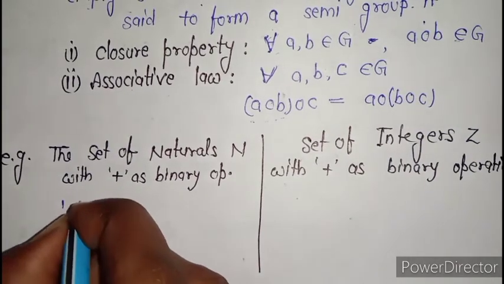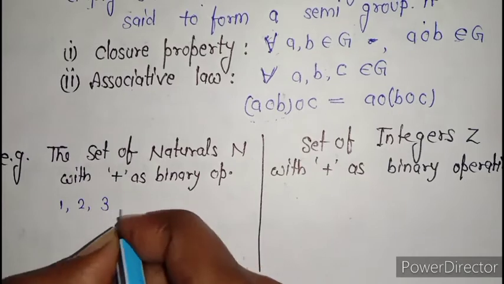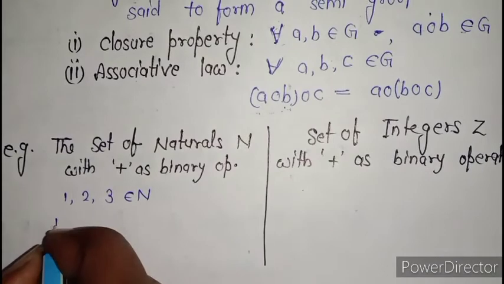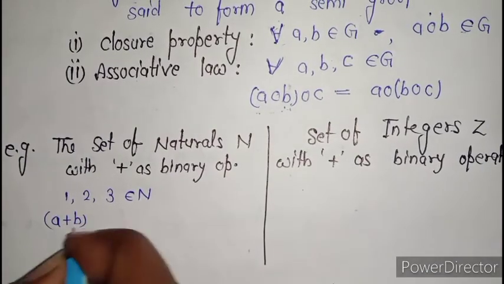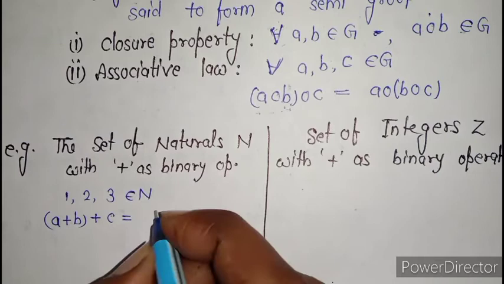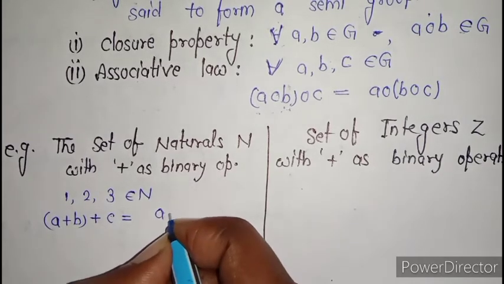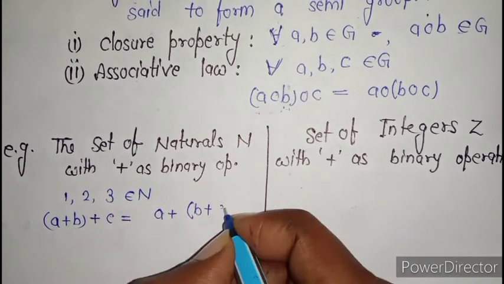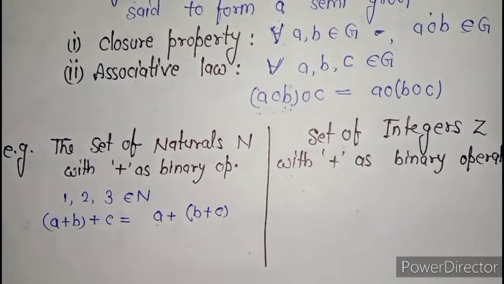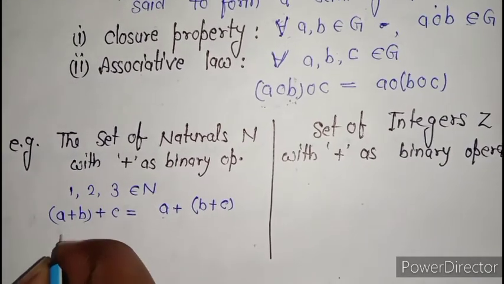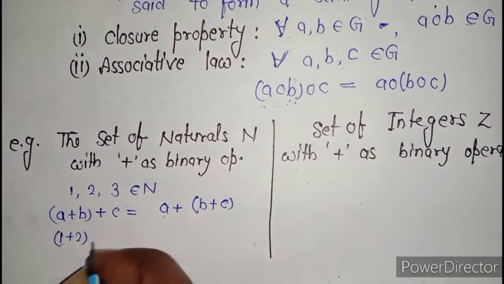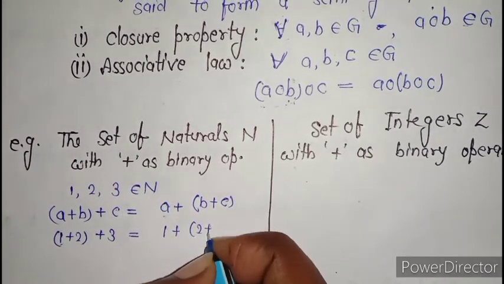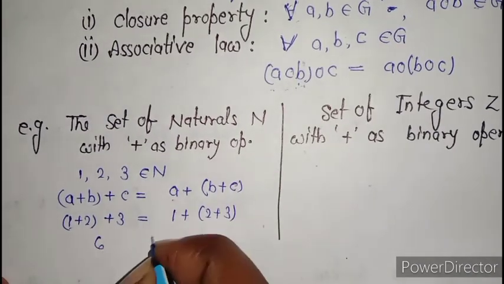If you take any three natural numbers and add them by this property, that is, I will add firstly the two elements and then add the third element, that will always be equal to taking one element aside, firstly adding the second and third elements and then adding with the first element. You will always get the same result. That is, if we add first 1 plus 2, then 3, and then 1 plus 2 plus 3, the result is always the same, that is 6 and 6.